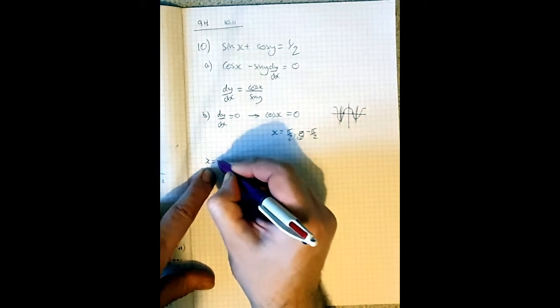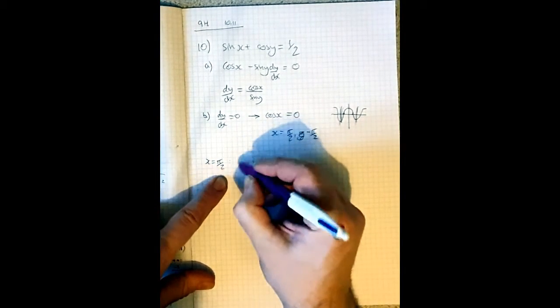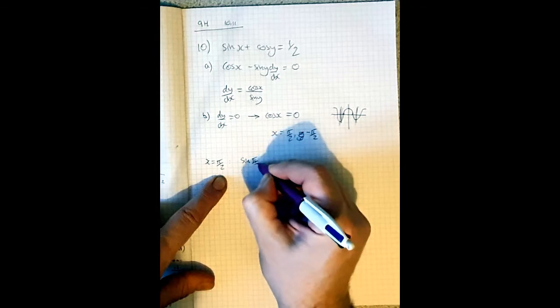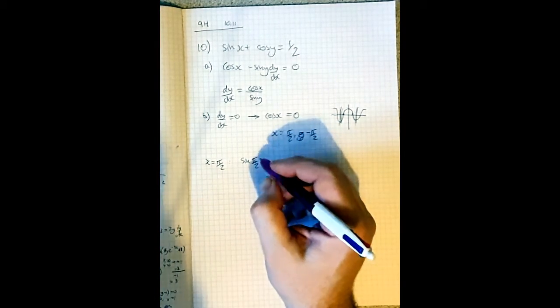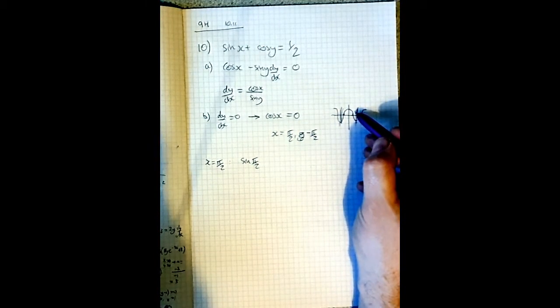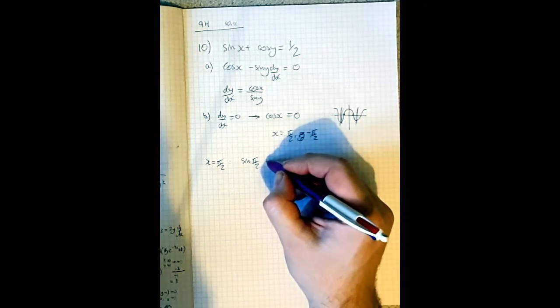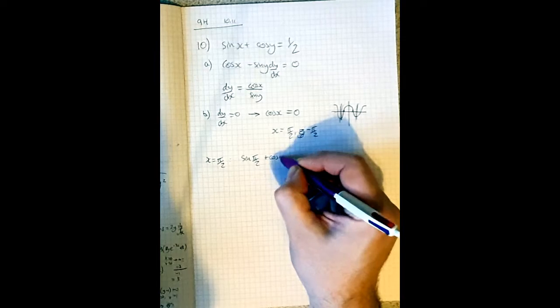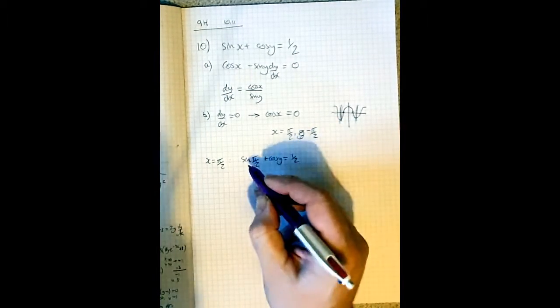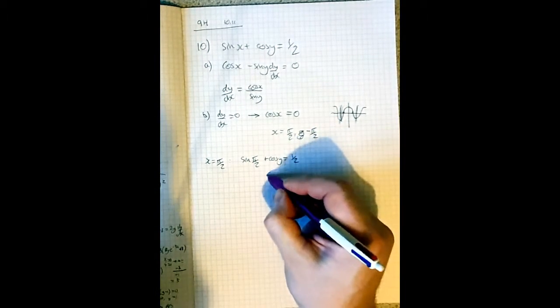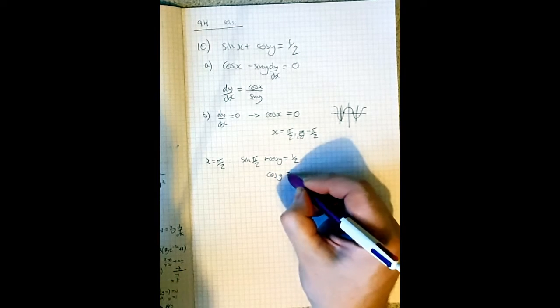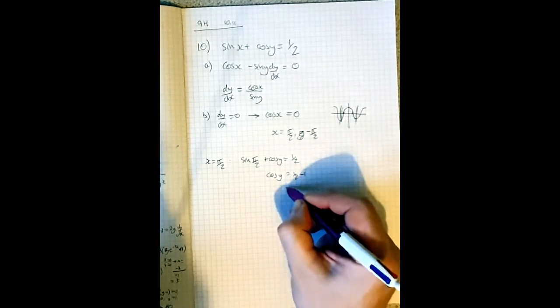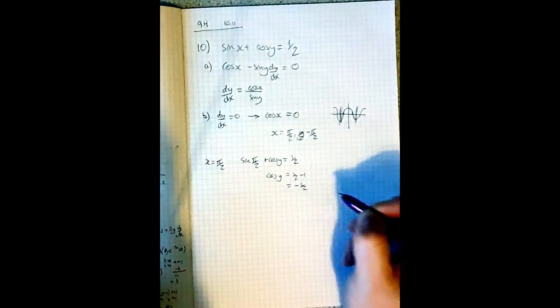So if x is pi over 2, sin pi over 2, which of course is 1. I was looking at the cos graph, but of course I'm talking about sine, plus cos y is half. Sin pi over 2 is 1, so cos y is half minus 1, which is minus a half.